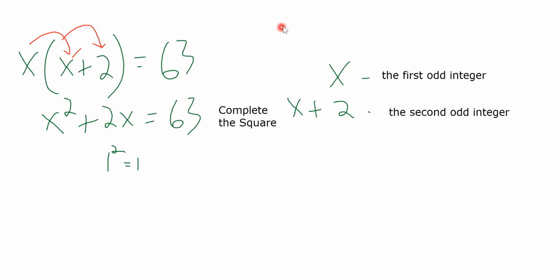So we need to add a 1 to both sides. And so ultimately what we're going to get on the left-hand side, x squared plus 2x plus 1 equals, on the right-hand side, 63 plus 1, which is 64.